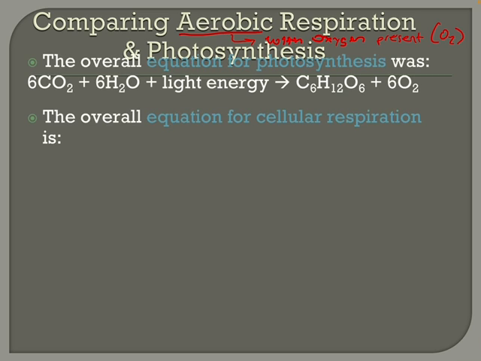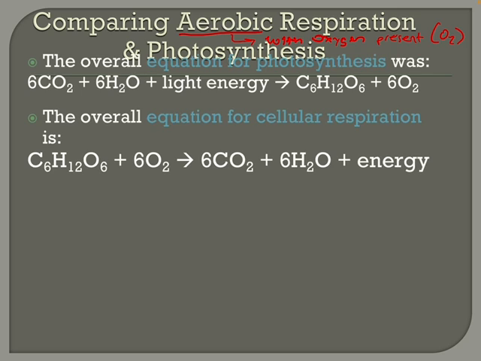The overall equation for respiration is C6H12O6 plus 6O2 gives us 6CO2 plus 6H2O plus energy. So if you take a look at these two equations, you will notice that they are opposites of one another. And this is why we were mentioning to you how it's important to memorize photosynthesis, because it will come back here. And if you memorize that one, then you already know this one. You just have to switch it.